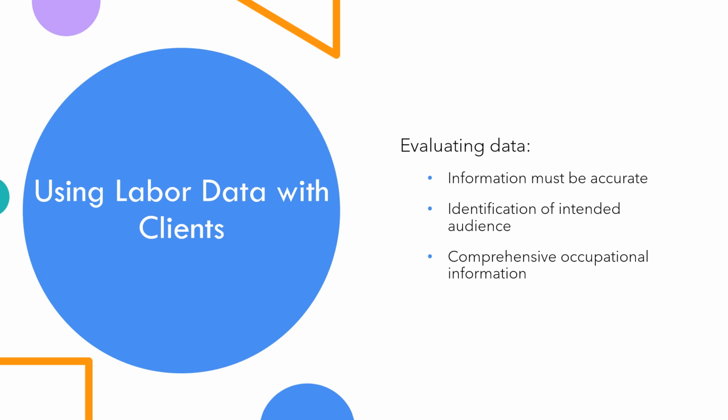You want to make sure that the data you're using is from reputable individuals, reputable agencies, and that includes a comprehensive view of the information that we're presenting so that we know that it's unbiased and that it is as accurate as possible so that our clients are drawing conclusions based on reliable information.